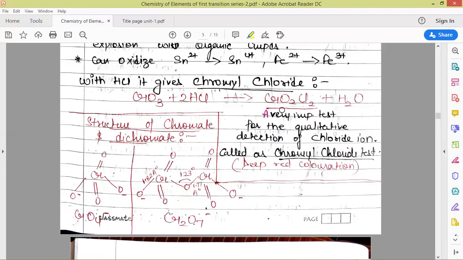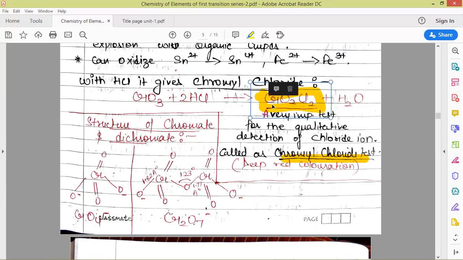Let me come back to the reaction of CrO3 with HCl. It leads to the formation of chromyl chloride. This is a very important test for the qualitative detection of chloride ions. We have already done this in your BSc first year inorganic practical course, where we do the detection based upon the chromyl chloride test, which, when treated with HCl, gives the formation of deep red coloration, due to the formation of chromyl chloride.